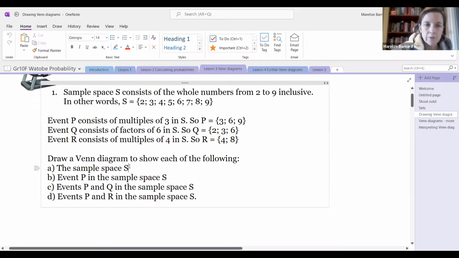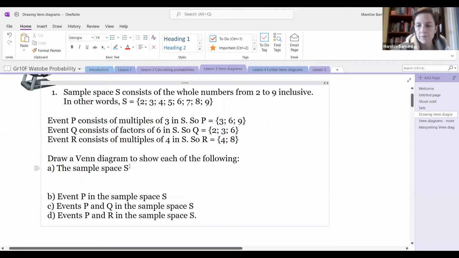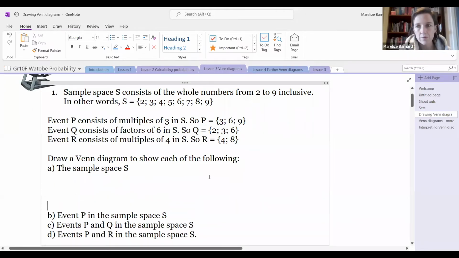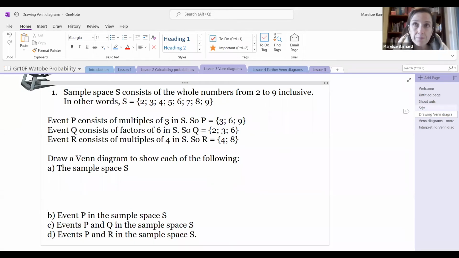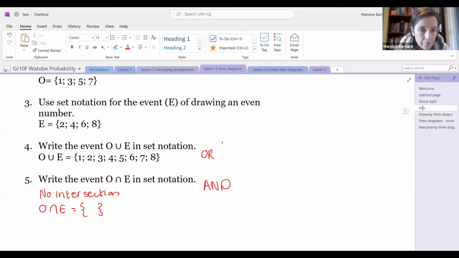Ma'am, from the previous examples that you gave us, could you please re-explain question 4, number 4?